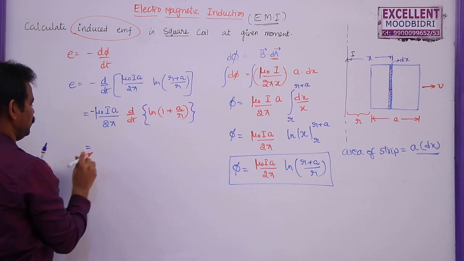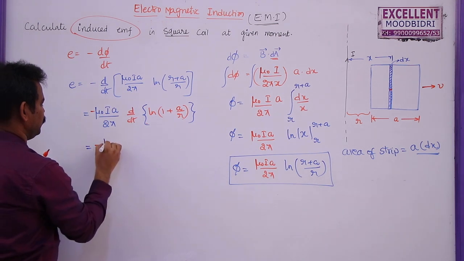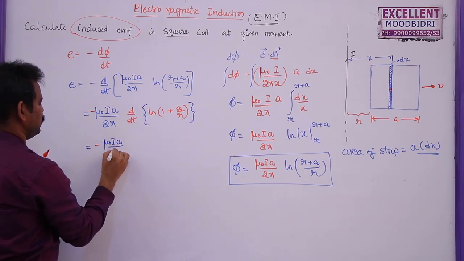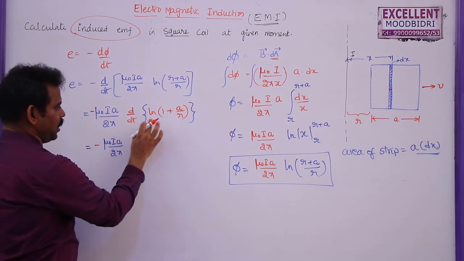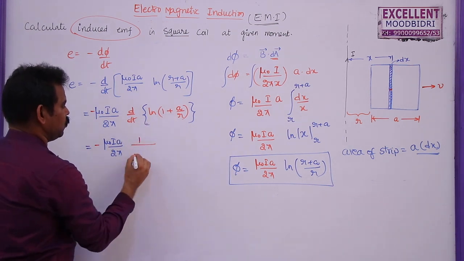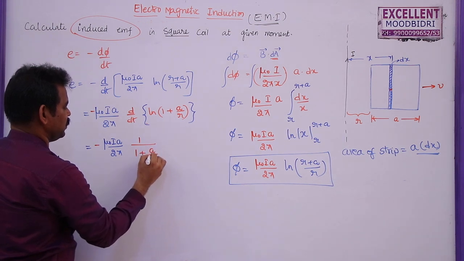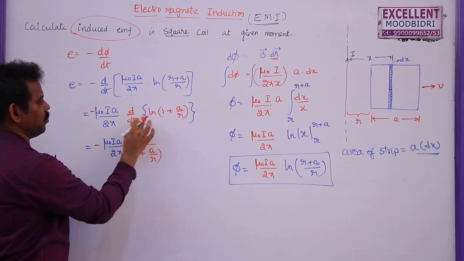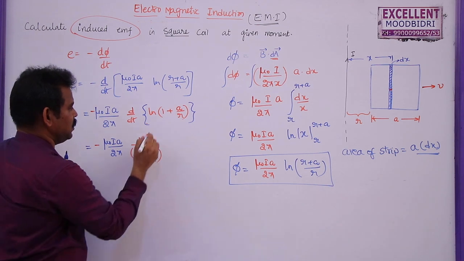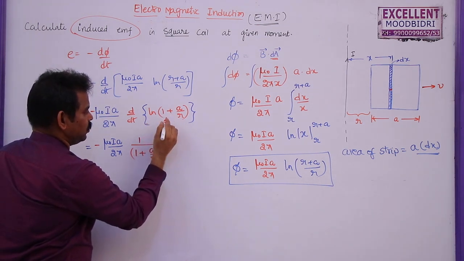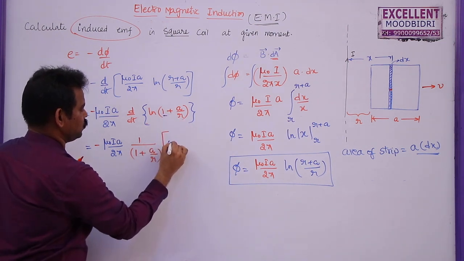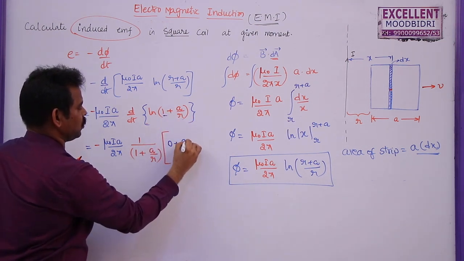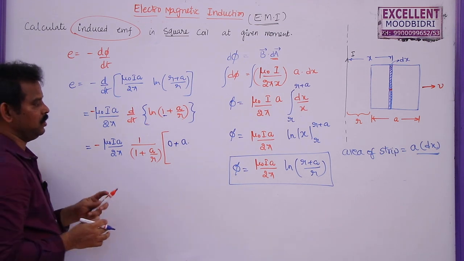So this can be written as minus mu naught I a by 2 pi. Now differentiate this one. This is in the form of log x, whose derivative is 1 by x, so it gives 1 by (1 plus a by r). Now chain rule: the derivative of 1 is equal to 0, plus a is constant, and r is the variable here.